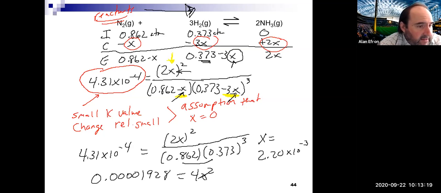And if you didn't, then the number that you get for X is the number you put in next. And you keep putting an X value in until the number you put in and the number you get out are essentially the same number. And then you'd have successive approximation. Again, it could take a very long time if you're not very good at it. So we will not have any problems that you'll have to solve that way.